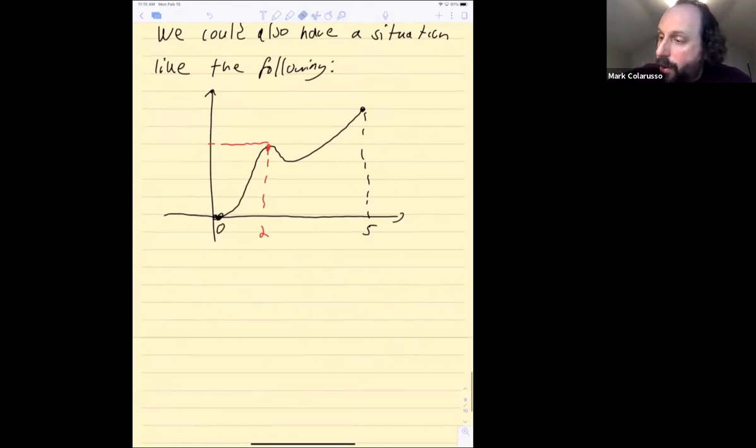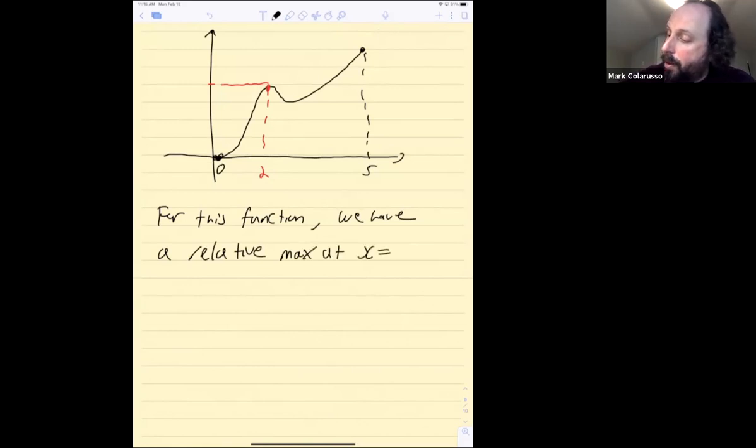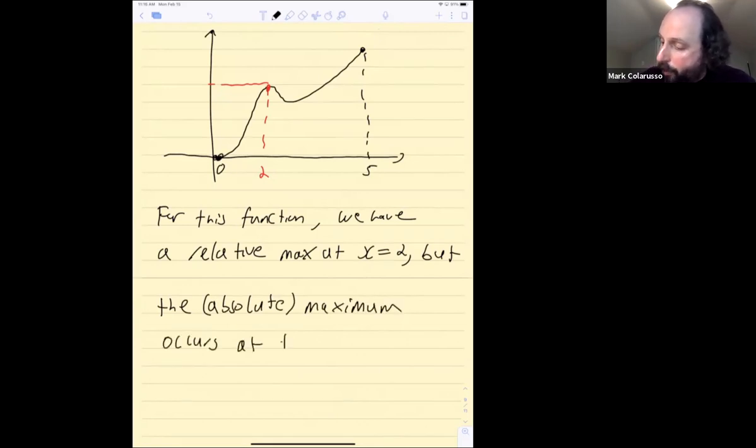So for this function, we have a relative max at x equals 2, but the absolute maximum occurs at the endpoint 5, x equals 5.